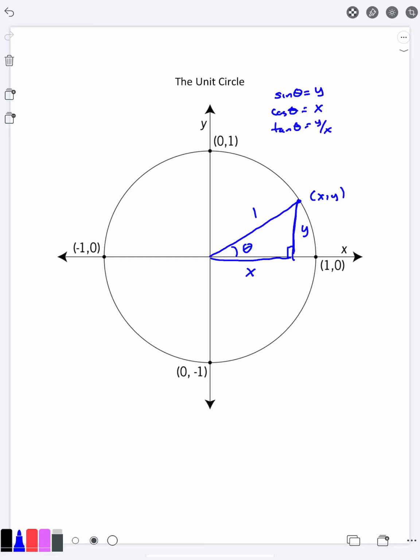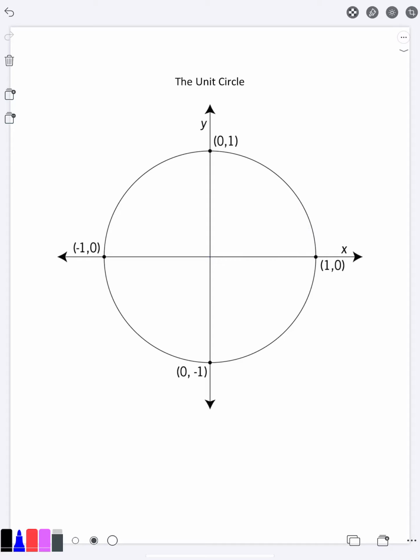And so what this tells us is that if we look at any point on our unit circle, the x coordinate tells you your cosine, the y coordinate tells you your sine, and if you take the ratio of those two numbers, it tells you your tangent. So it's great. We get the information we need here. And so if I ever give you a unit circle and I draw any particular point on the circle, I'll give the coordinates, that automatically tells you your sine, cosine, and your tangent.